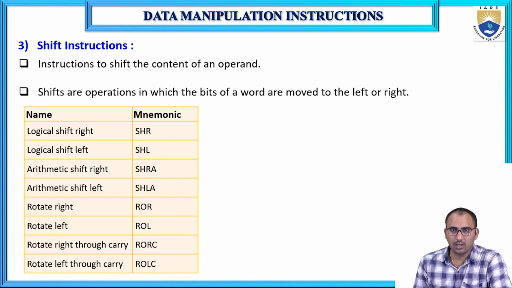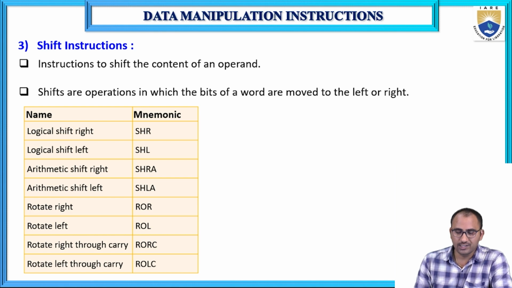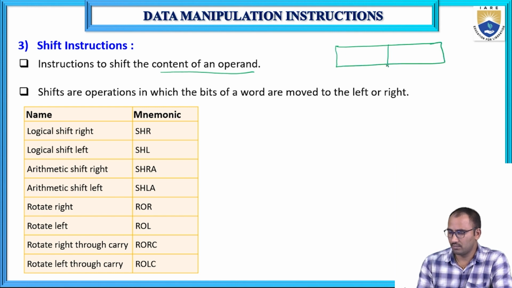And coming to the third category of the data manipulation instructions, that is the shift instructions. These are the instructions to shift the contents of an operand. Using these shift instructions, we can move the data either to the left side of the register or to the right side of the register. You can see here we have a register, so let's take an 8-bit register.